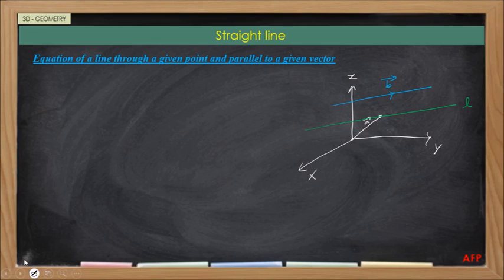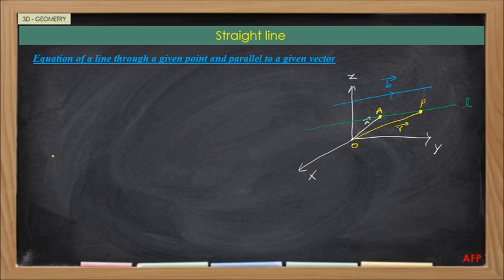Now we will take some arbitrary point P. Let its position vector with respect to O be r. A line passes through point A and is parallel to a given vector. P is an arbitrary point, or you can say a moving point on this line. Anywhere you can take this general point P. Here we have the origin.